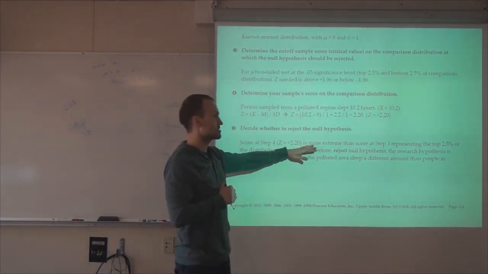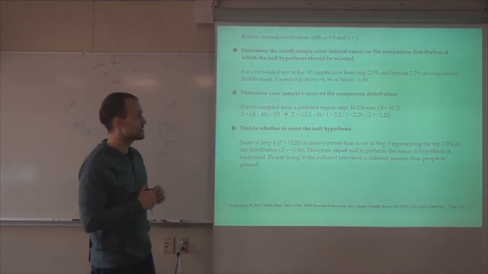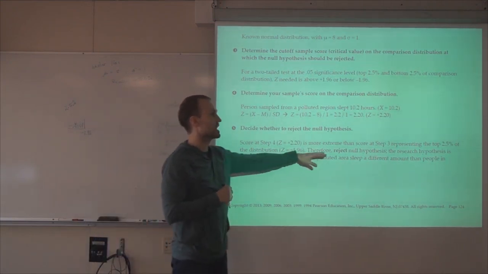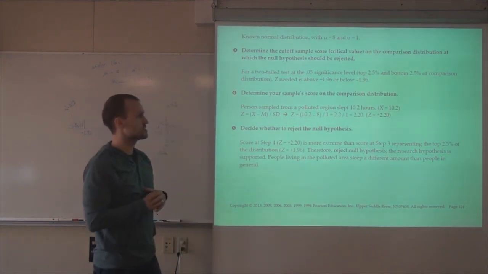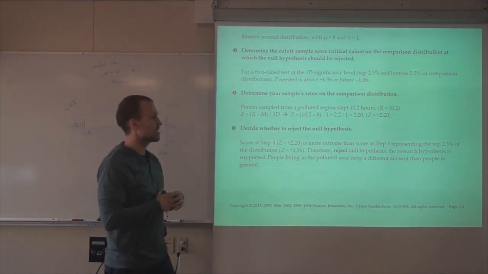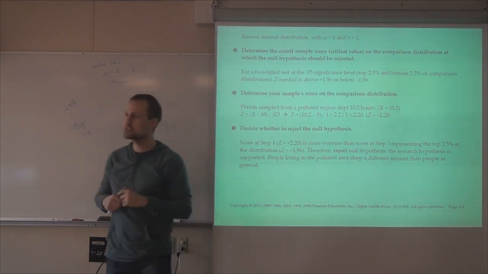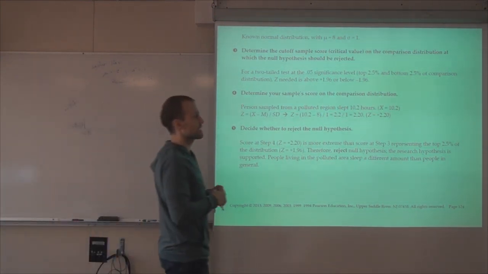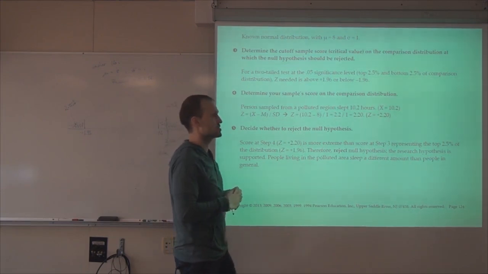So I can say that it's extreme, more extreme than the cutoff value at a 5% significance level for a two-tailed test. And I can reject the null hypothesis in support of the research hypothesis and conclude that there is evidence to suggest that people living in polluted regions sleep differently than people in general.